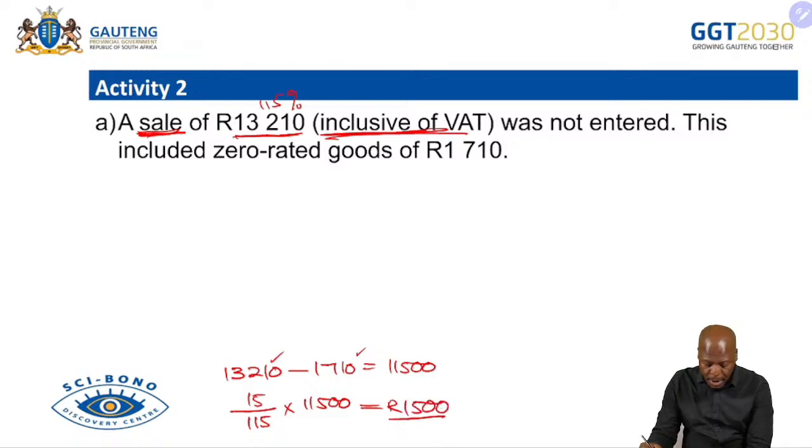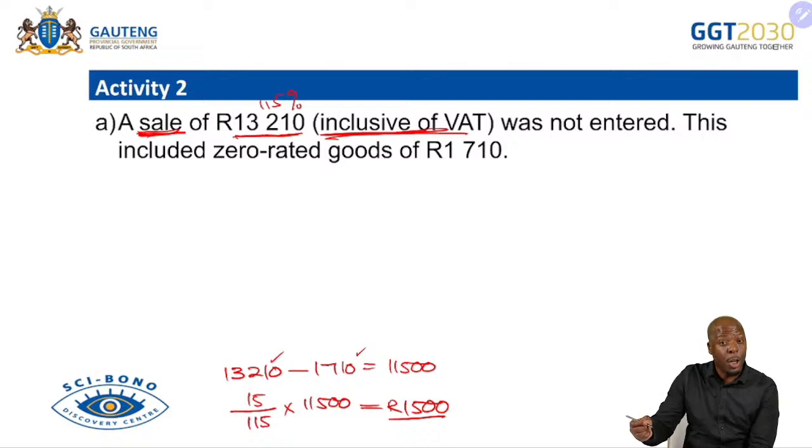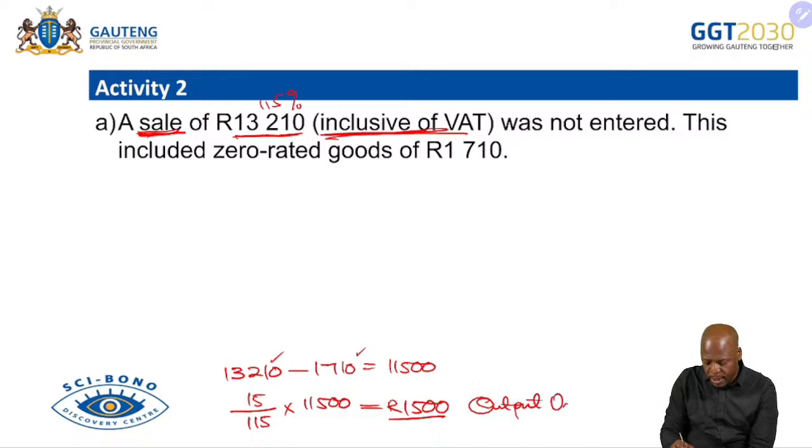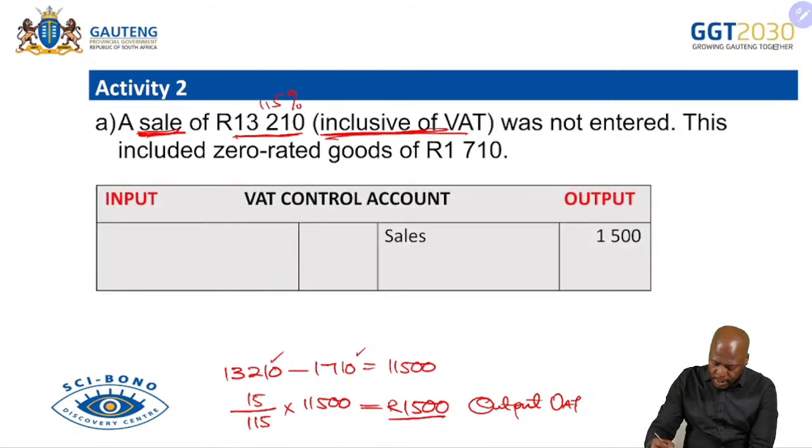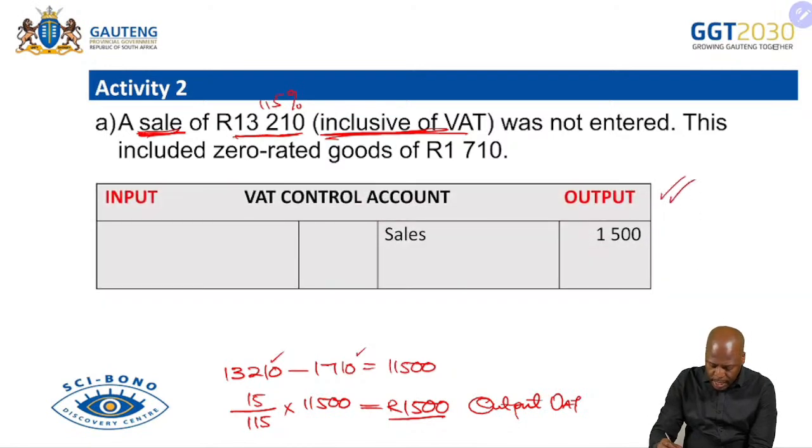That becomes my VAT. Once again, input or output. Sales, goods going out. So this goes to my output VAT. There it is on my output VAT, and then I get my 1,500 here. And remember, that was for my sales.